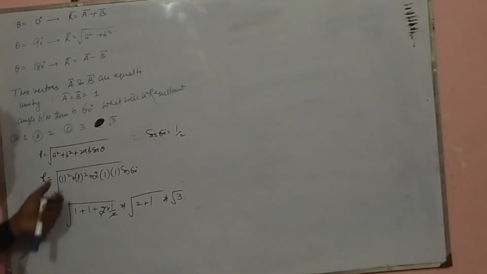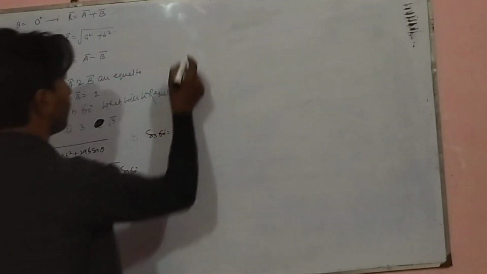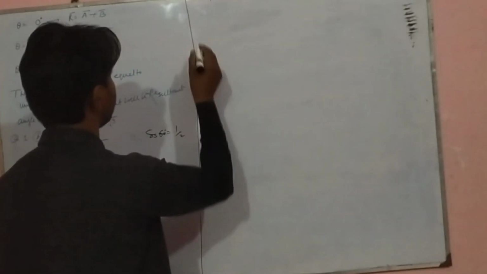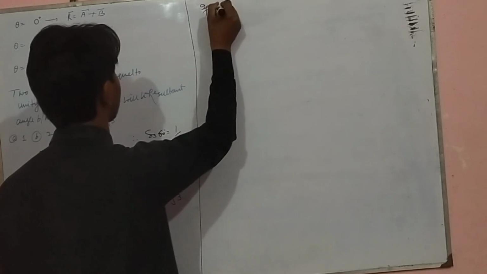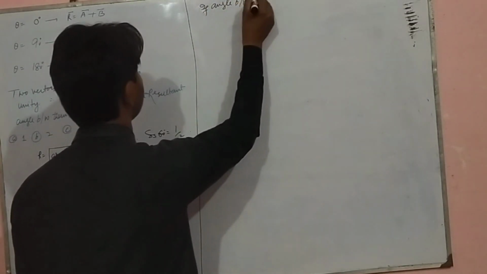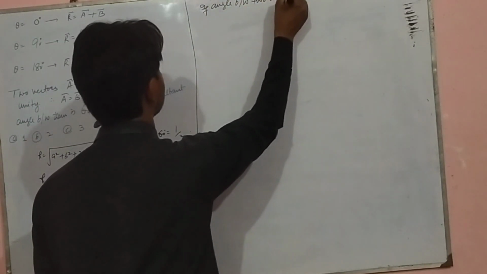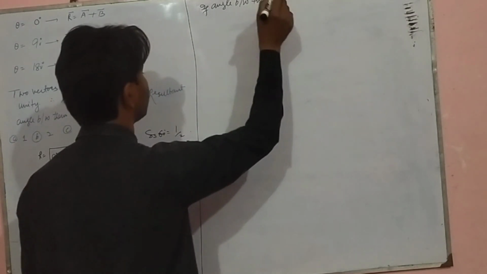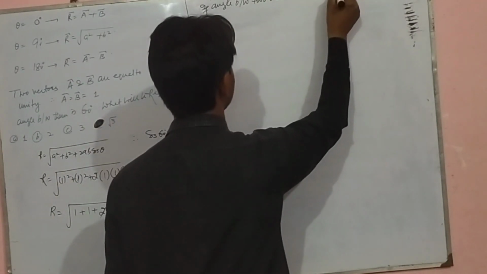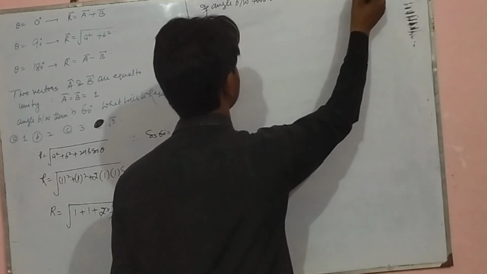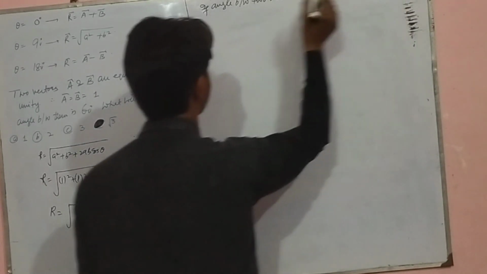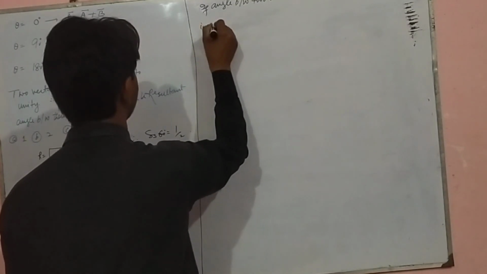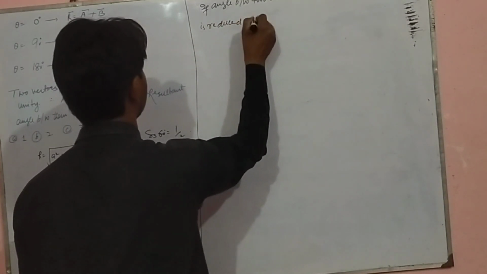Okay. If the angle between two vectors is 45 degree, then cosine law is reduced up to what?